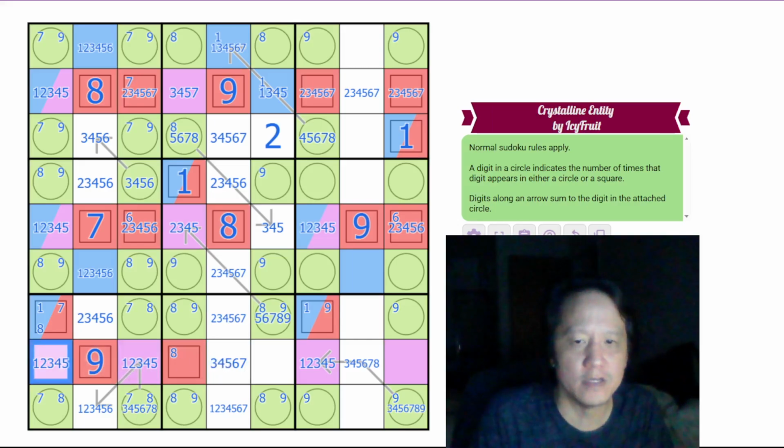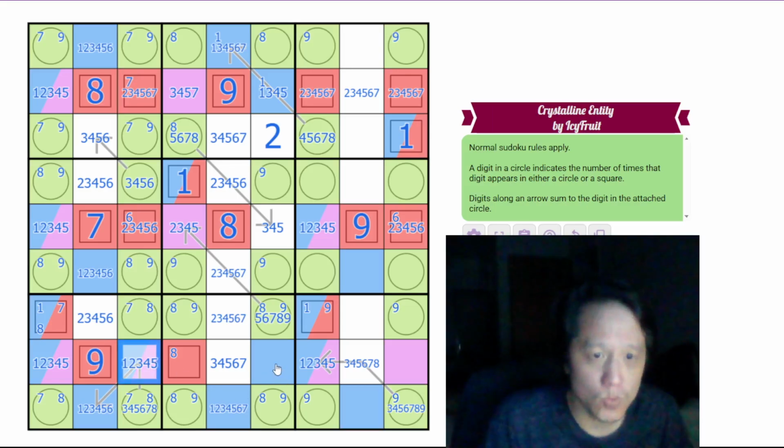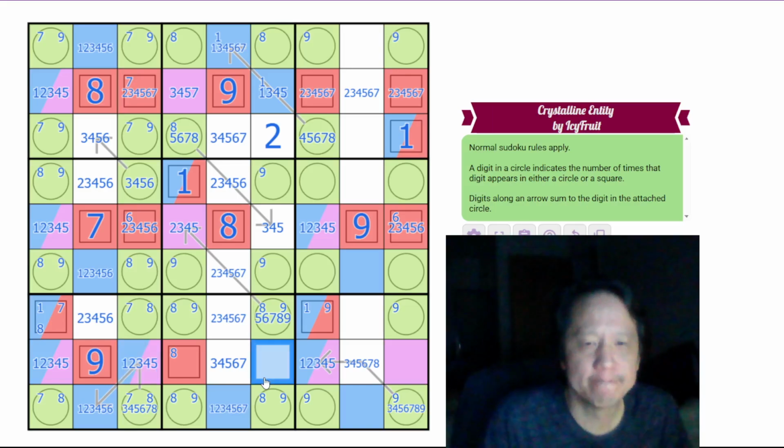It could be any of these, or this, or this. In row 9, it has to be one of these 3. Okay. So we have all the 1s accounted for in squares.